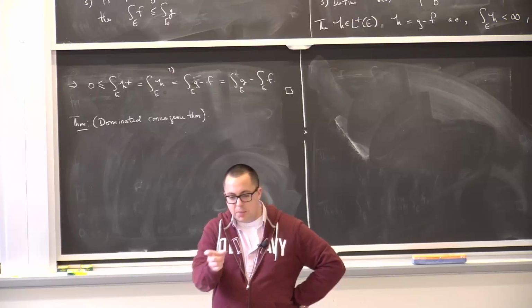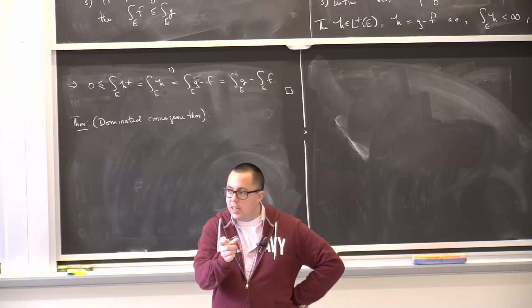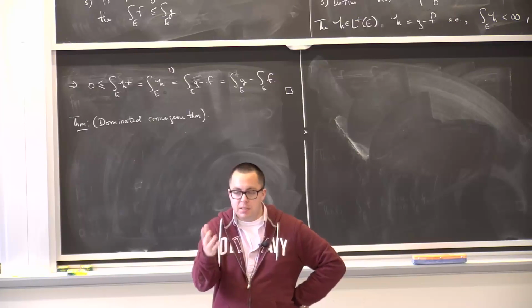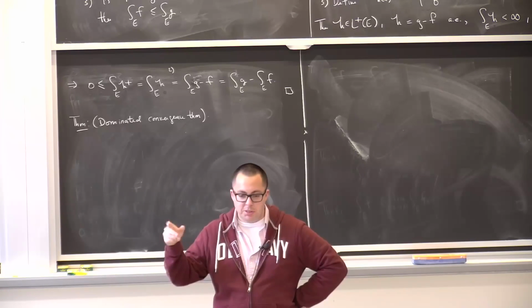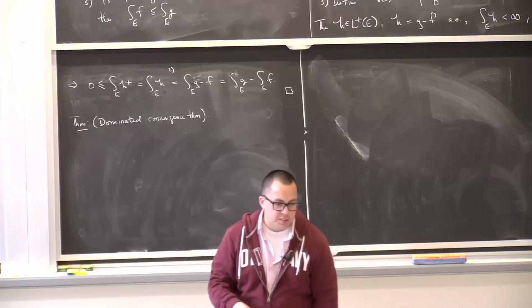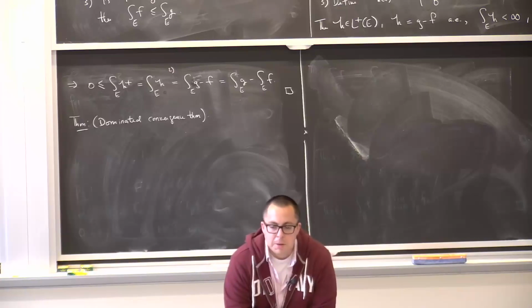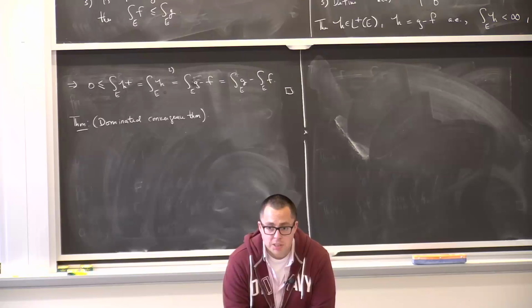So if I'm only non-zero on a set of finite measure, with the convention that 0 times infinity equals 0, so that 0 times the measure of where the function is 0 is equal to 0, then those simple functions that are non-zero only on sets of finite measure will be integrable functions.